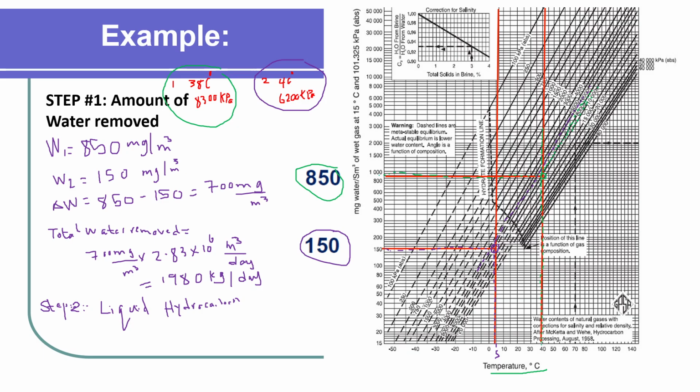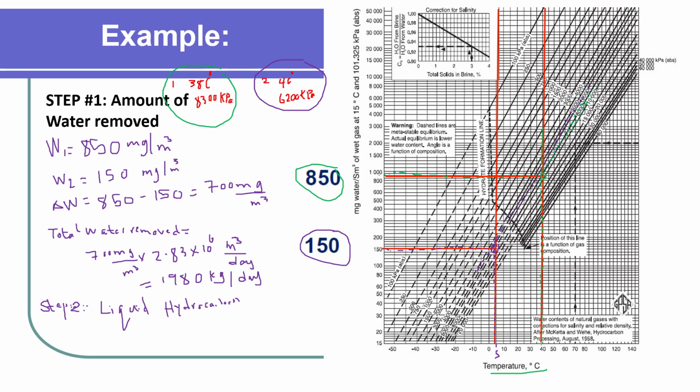So for the liquid hydrocarbon, we know that we generate 56 meter cube per 1 million standard meter cube of the gas.